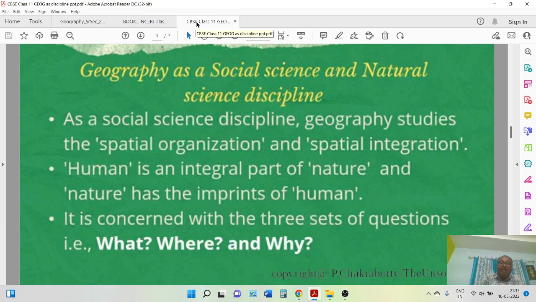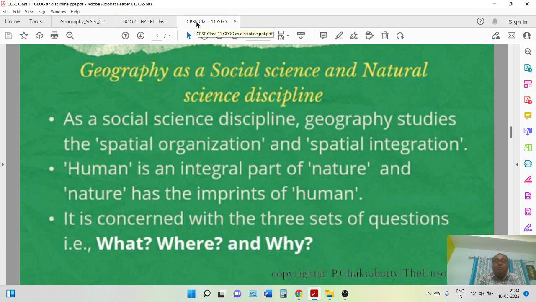For example, you're coming to your school. Suppose there is no bus service and there are no good roads. It will be very difficult for you to come to school. Hence it is not organized. So maybe the school should be located in such an area that it can be easily connected, then the problem will be solved.